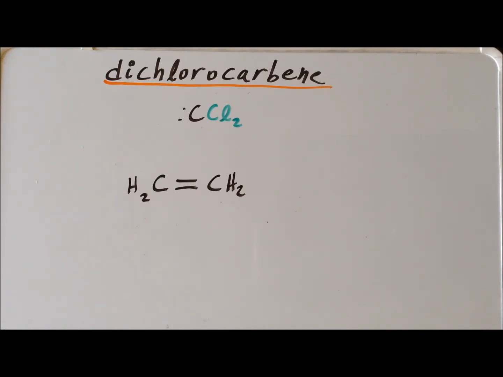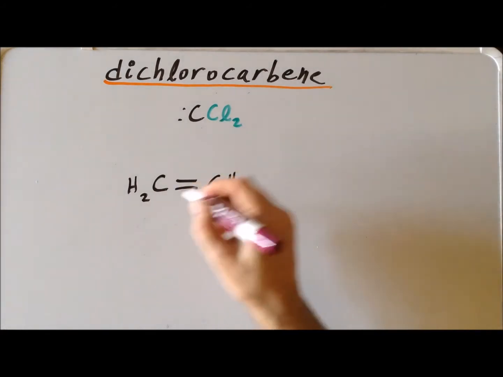One of the things that's important about this reaction is that if we start with singlet dichlorocarbene, the reaction is concerted. It takes place in one step. Secondly, it always occurs with a cis addition. So we have retention of the stereochemistry at the alkene.